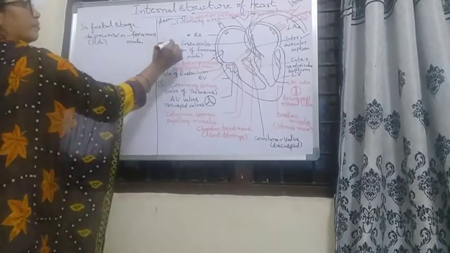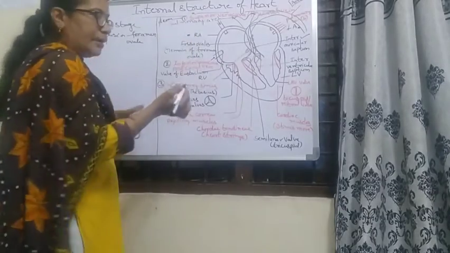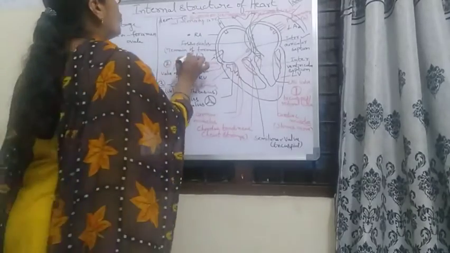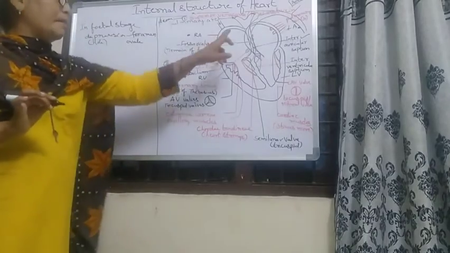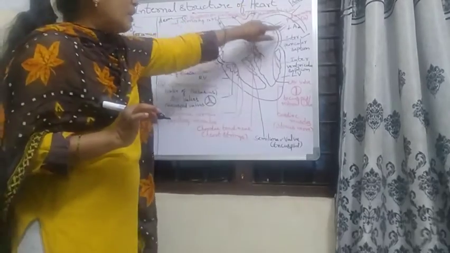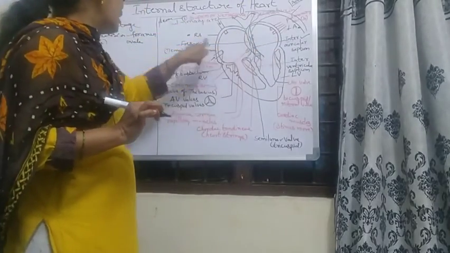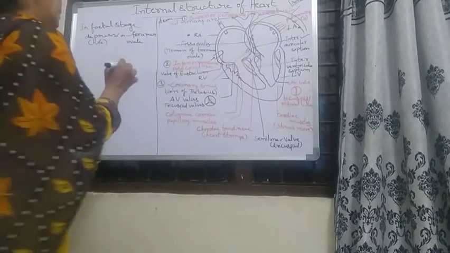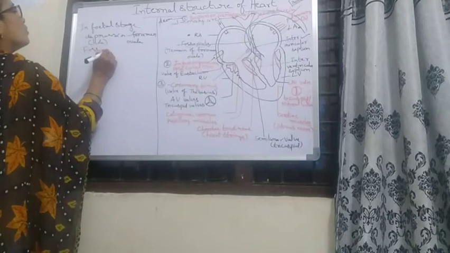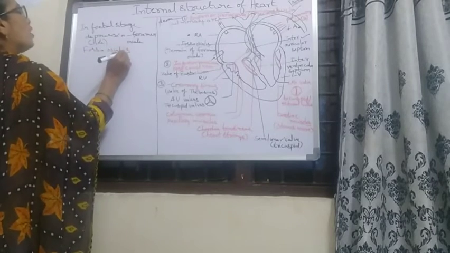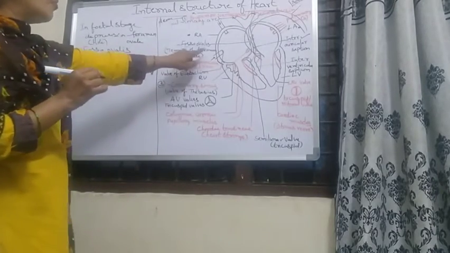What remains in adults is called the fossa ovalis. The interauricular septum contains the fossa ovalis, which is a remnant of the foramen ovale.